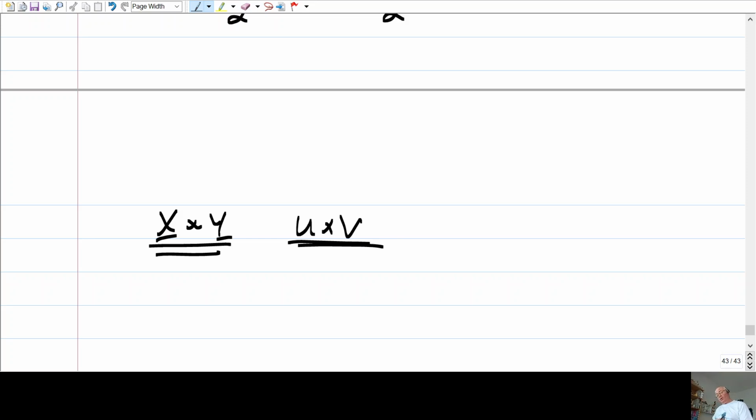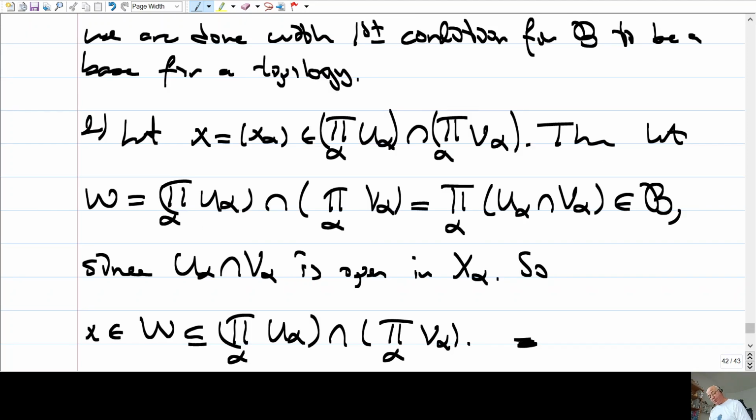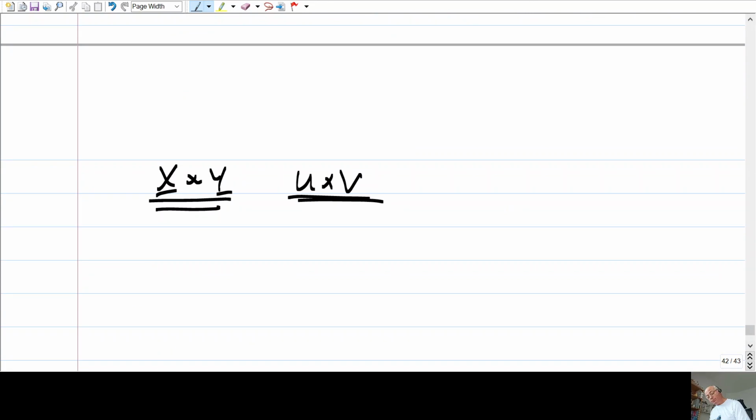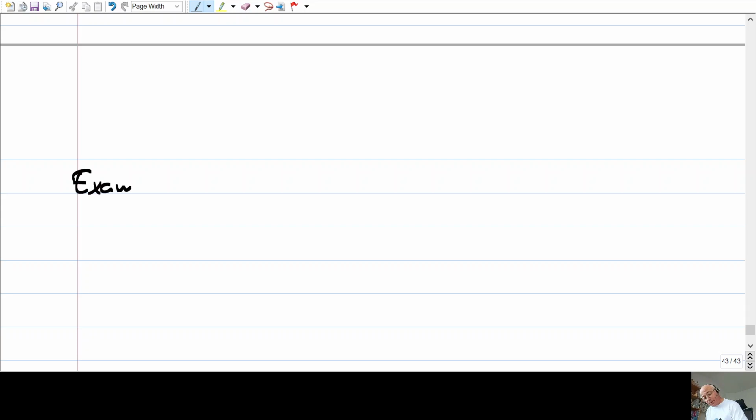And we just used this definition and generalized it to arbitrary products. We took an open set from each space and took their products. As the example below shows, this topology is way too strong. Okay, let's see some examples.